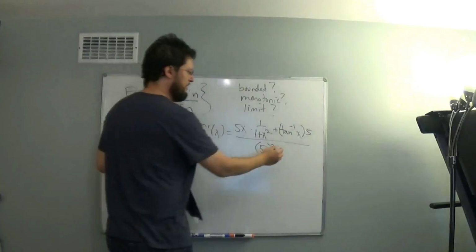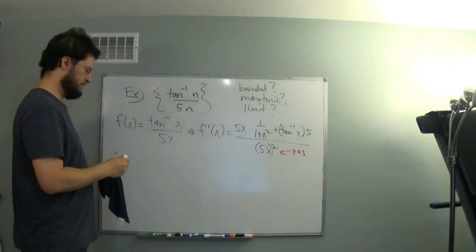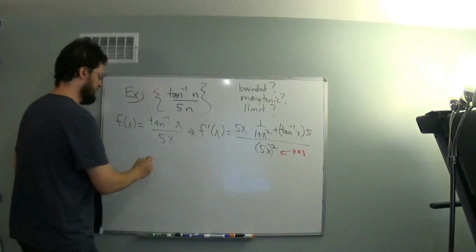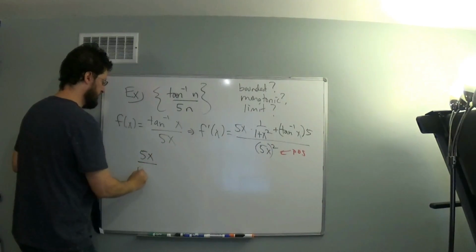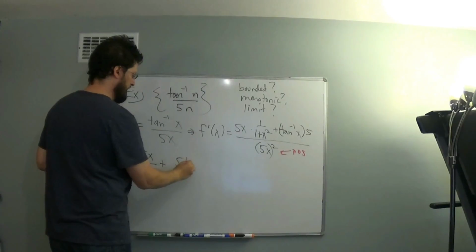Again, the entire denominator is positive, so I can ignore it. The numerator becomes 5x over 1 plus x squared plus 5 times tan inverse of x.